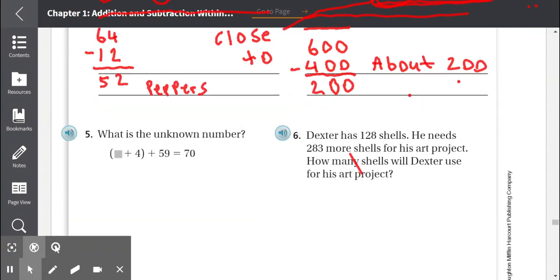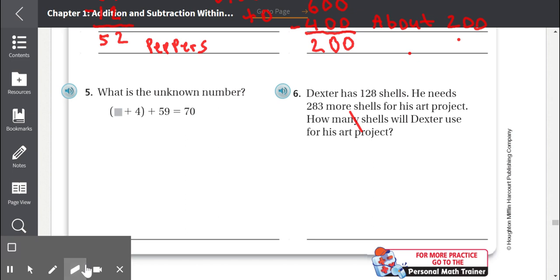Number 5. What is the unknown number? We have blank plus 4 in parentheses plus 59 equals 70. So how do we find the blank?